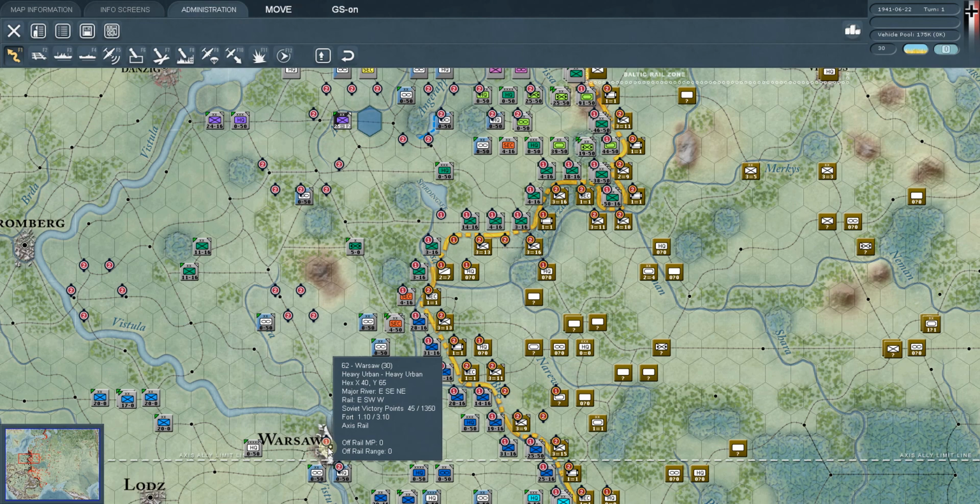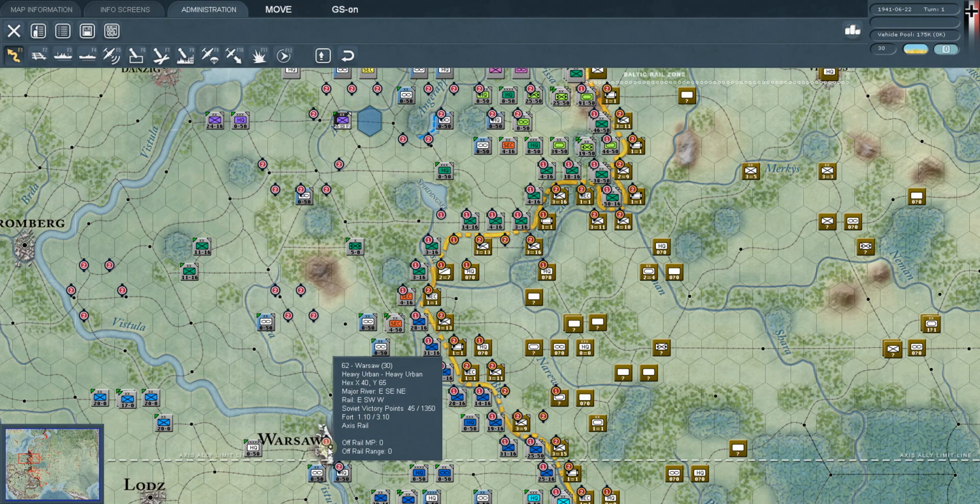It'll also tell you who controls this rail, and that becomes very important for supply and what's considered a railhead or a major supply point. We'll talk a lot about this in our supply episode. Then you'll see off-rail movement points and off-rail range.